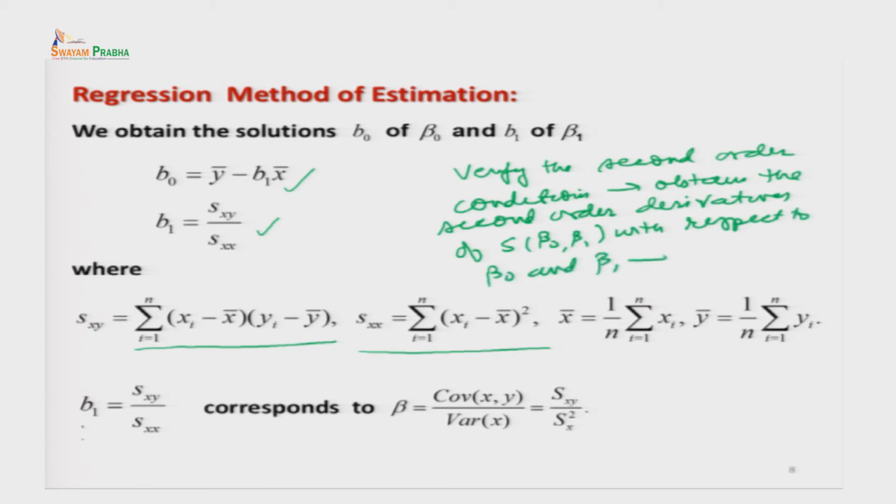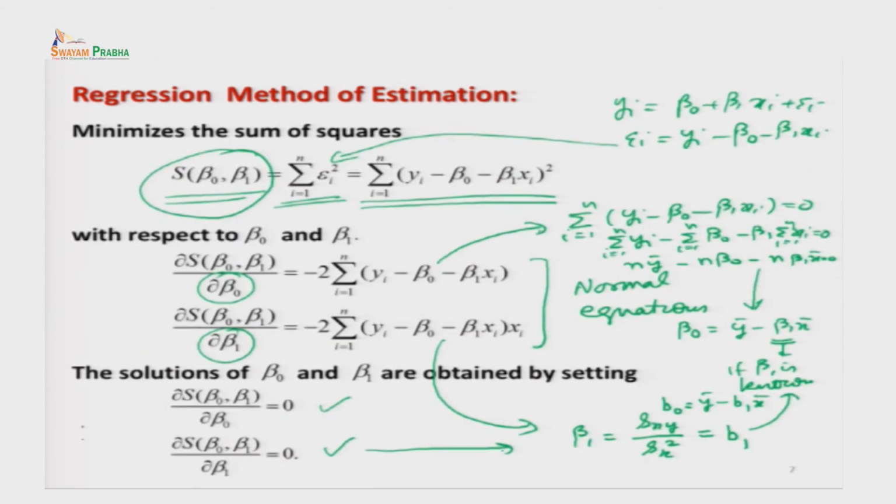If you verify, this will show that B0 and B1 are minimizing this S(beta 0, beta 1), right. So that you can obtain. I am not doing it here, I am skipping it.